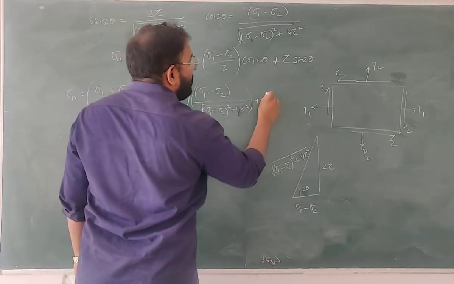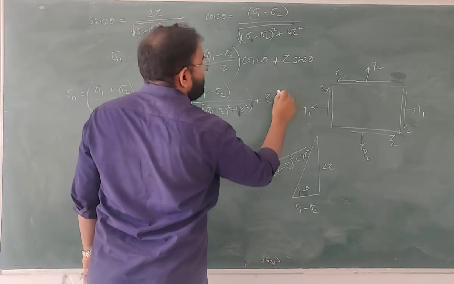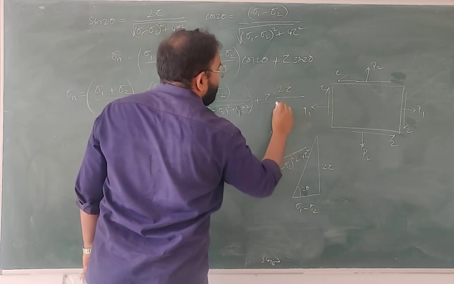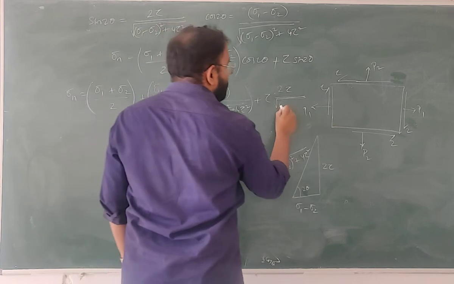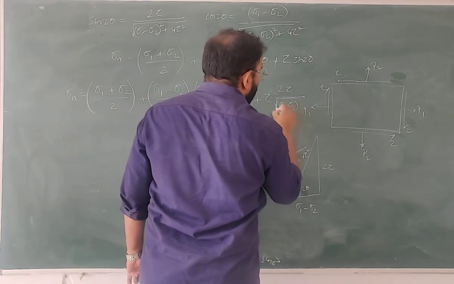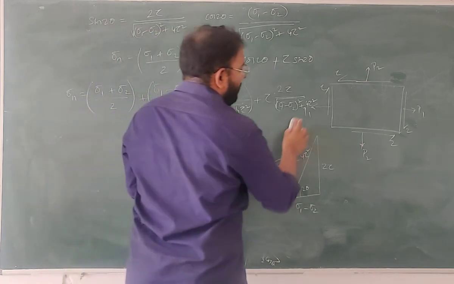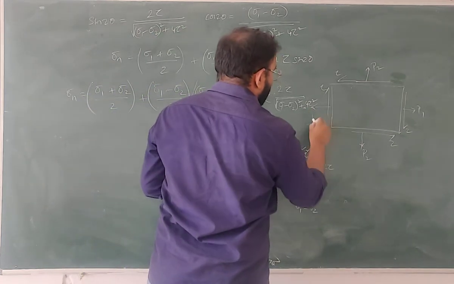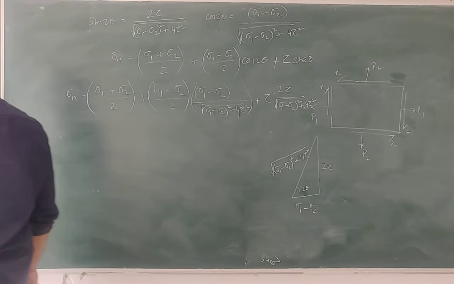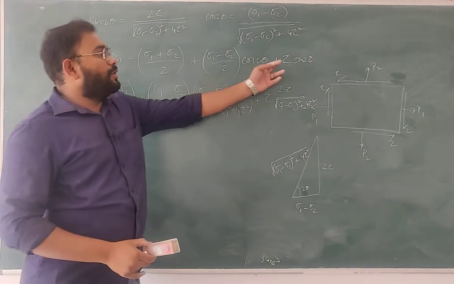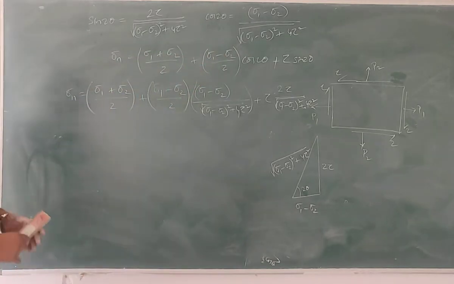Similarly, tau into sin 2 theta, which is 2 tau divided by under root of (sigma 1 minus sigma 2) square plus 4 tau square. I am substituting these cos 2 theta and sin 2 theta values in the equation of sigma n.